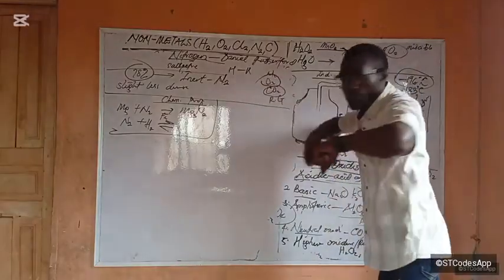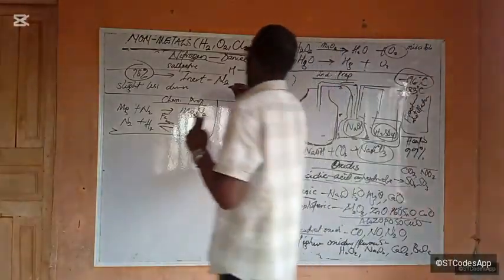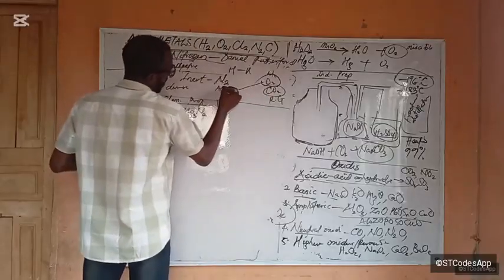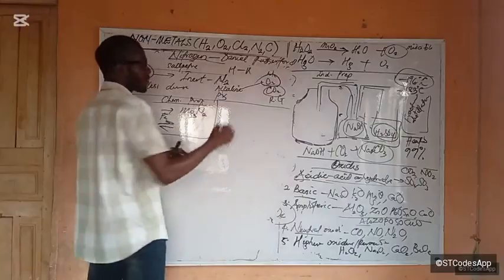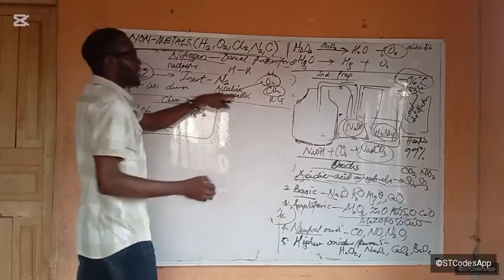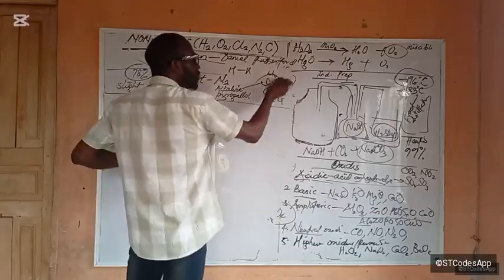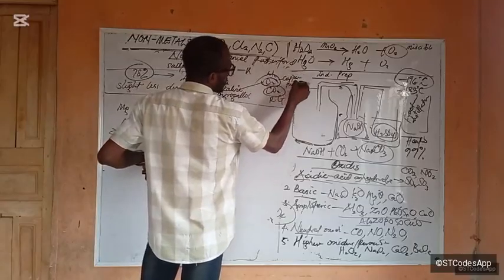Then we don't need oxygen now. So what will remove oxygen? There are two things that can remove oxygen. Either you use alkaline pyrogallol, because there is an acidic one too. Is that clear? Alkaline pyrogallol will remove oxygen, or use copper turnings.